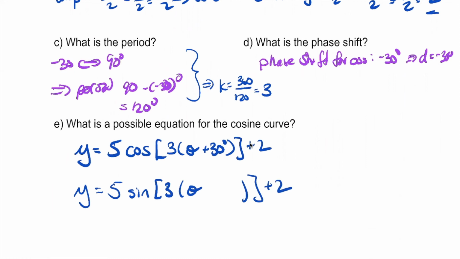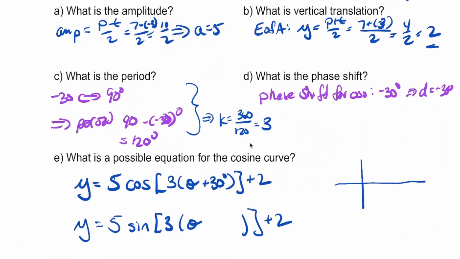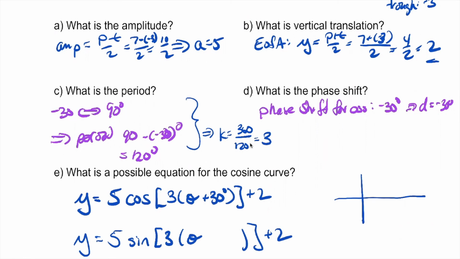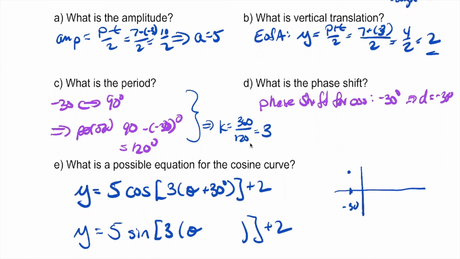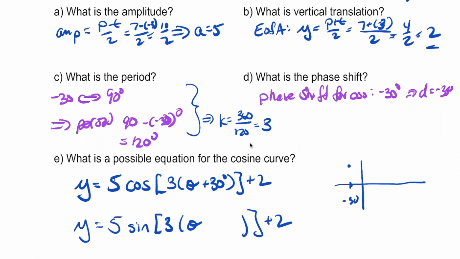So how does it look? One way we can see is to draw a rough graph of what this might look like. We know that at minus 30, that's the peak. Then it comes back down, and my scale is every 30, so it's going to come down right at the origin, go down to the trough, and back to the middle, something like that.